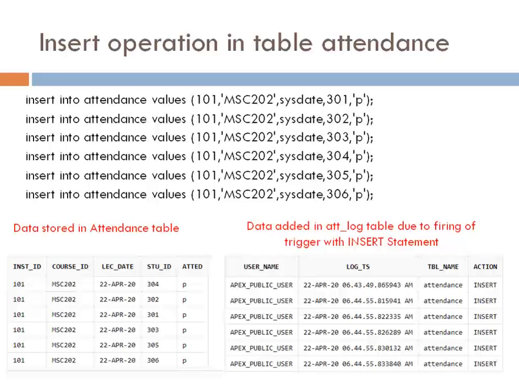The username is apex public user, because I use Live SQL, an online system, so the username is taken as this value. And log_ts is the timestamp when this activity is done, then the name of the table, then the action, whether insertion, deletion or updating is done.